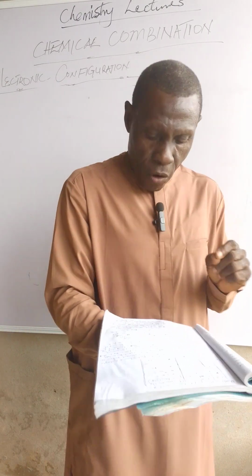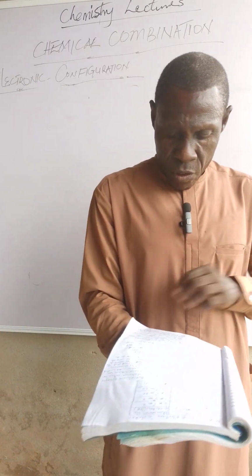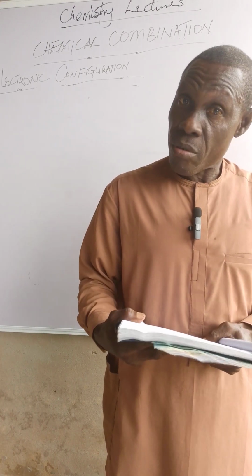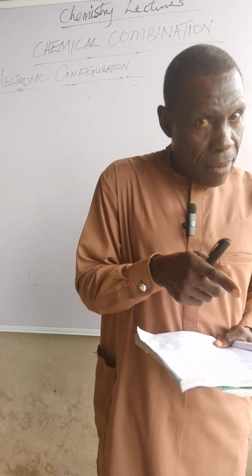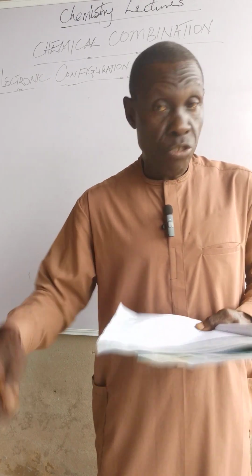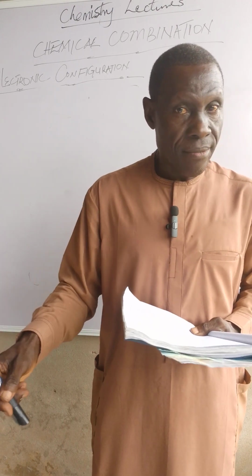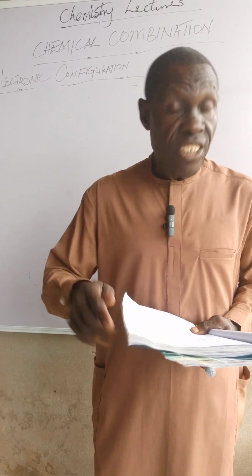Before you can successfully construct the structure of an atom, you must know the following. 1, the name and the chemical symbol of the element in question. 2, you must know the atomic number of the said element. 3, you must also know the number of protons, electrons, and neutrons of the element.